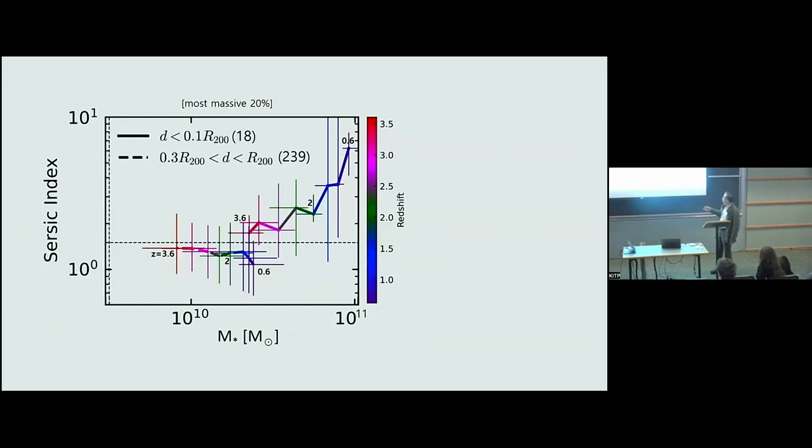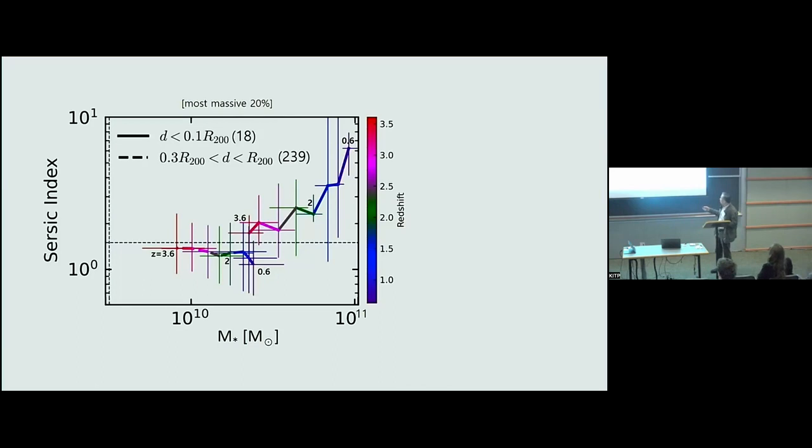So the galaxies at the outskirts of the cluster evolve this way, and the galaxies at the center, basically the central galaxies, evolve this way. And at high redshift, even though there is a huge mass difference, their Sérsic index is not much different. But depending on whether they are central galaxies or future satellite galaxies, the evolution tracks are completely different.